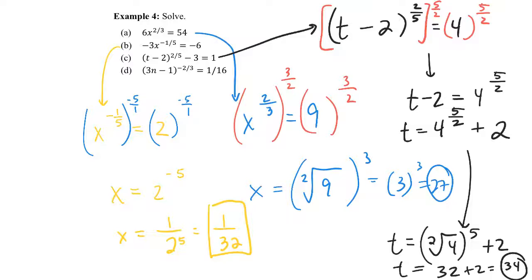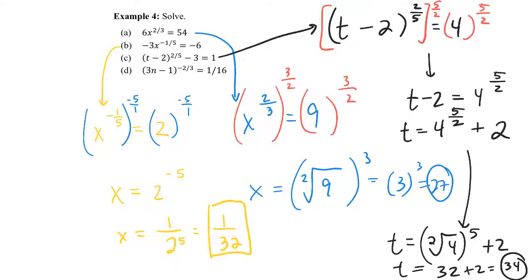Well, if t minus 2 was u, you add the 2 over, you get back to 34. So if you like to use u substitution for this kind of problem, where the argument, which is the right math word for it, is not just a variable alone, you can use u substitution.